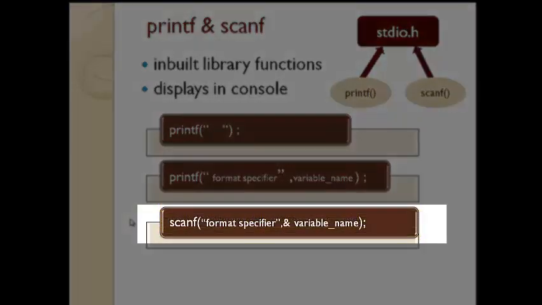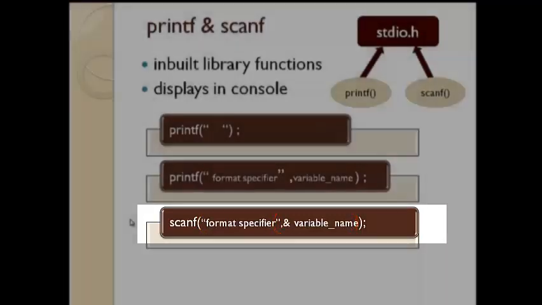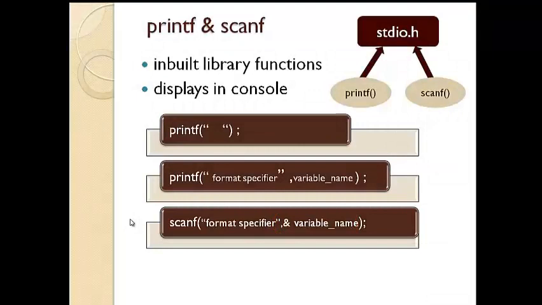Next is the scanf function. It also takes two parameters: one is the format specifier and the next one is the variable. The scanf function is used to receive a value from the console, based on the data type you are receiving. It may be an integer value or a character value.